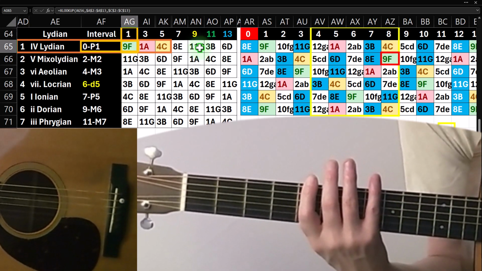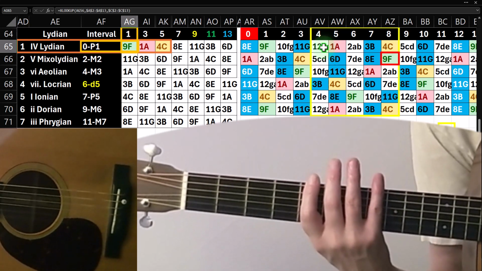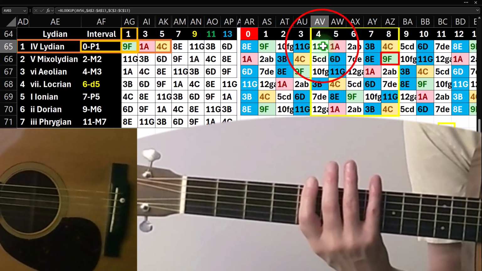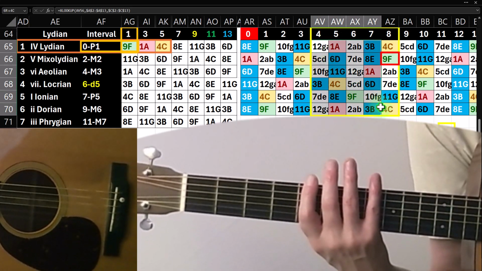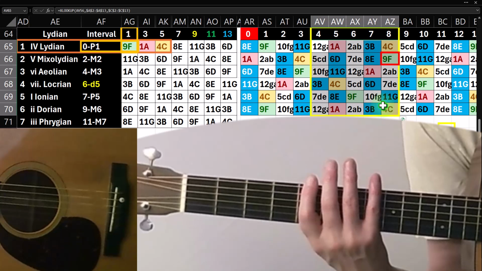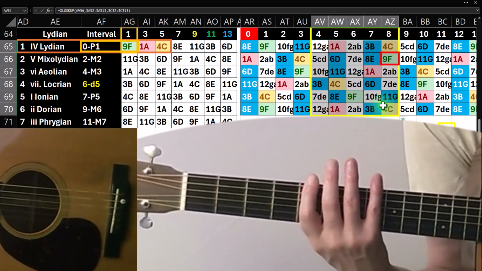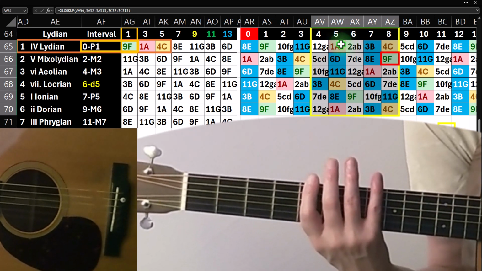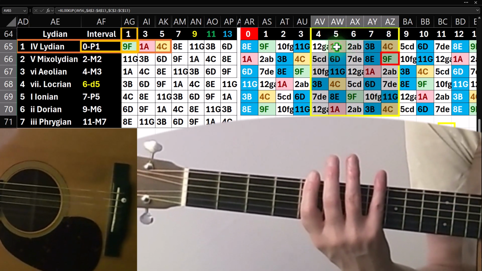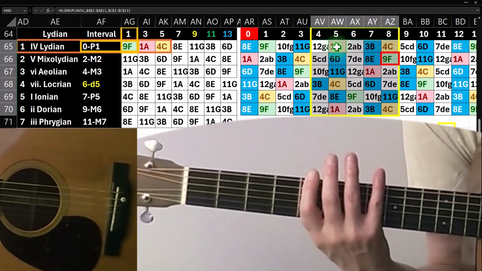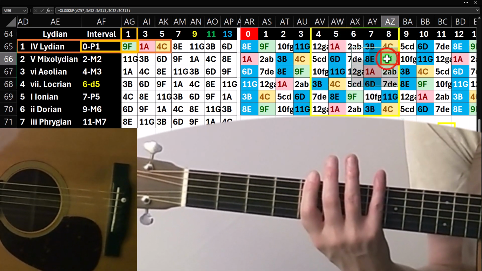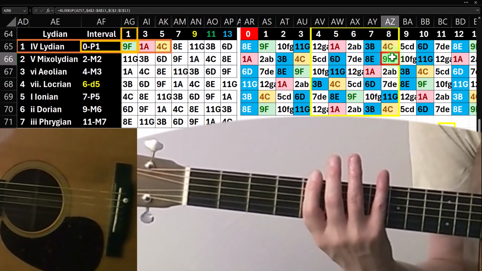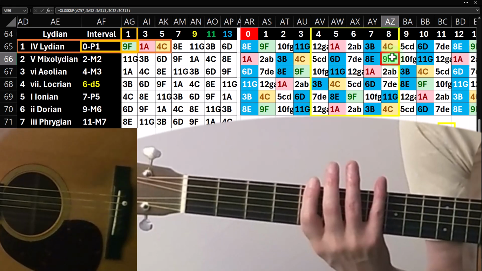So remember that as we shift from scale to scale, there are many different ways I can visualize it in my mind. I can say I have this shape, and then I'm going to switch my mind to playing the shape that is now in F major instead of F Lydian, and the whole shape will shift. Or I can say, I'm going to reconstruct it from this note using the whole-half formula instead of the Lydian formula, right?